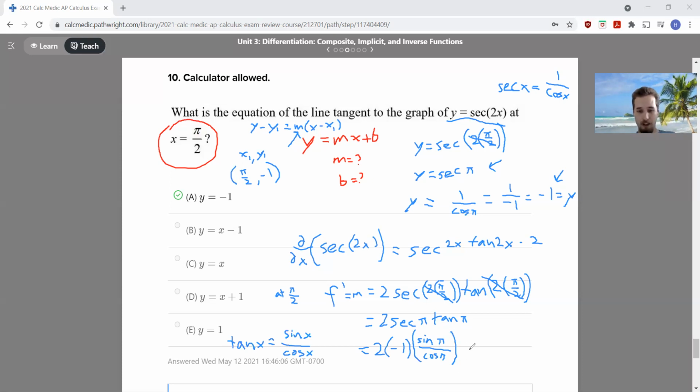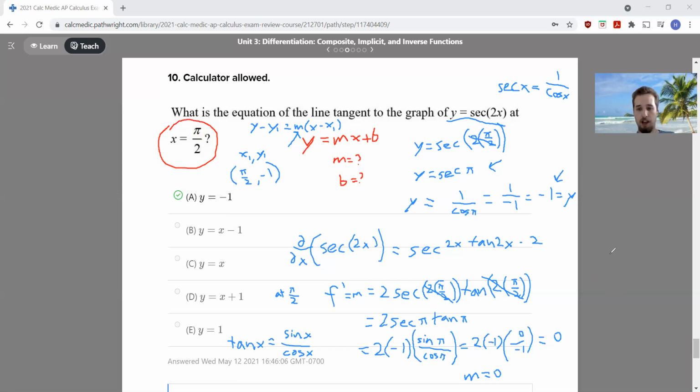Well, sine of pi is actually 0. Cosine of pi is -1. But this whole thing just becomes 0, because anything times 0 is 0. So we get a slope of 0 for our line.